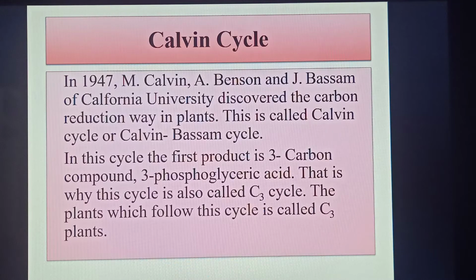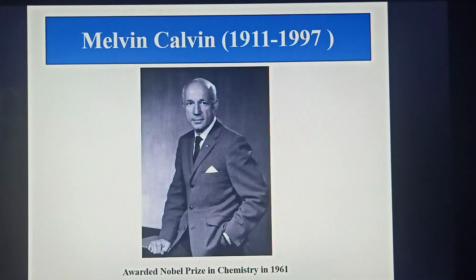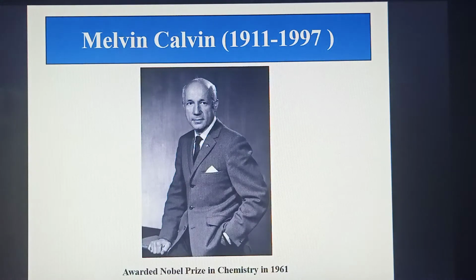The plants which follow this cycle during their light independent phase are called C3 plants. This is the scientist Melvin Calvin, lifespan 1911 to 1997, and he was awarded the Nobel Prize in Chemistry in 1961.